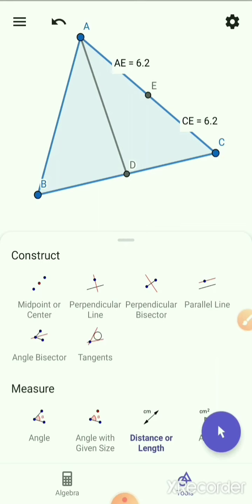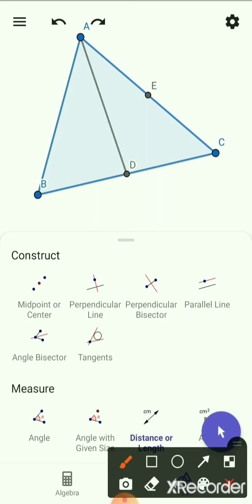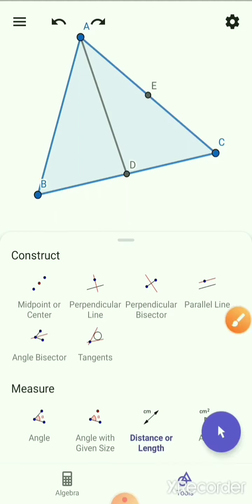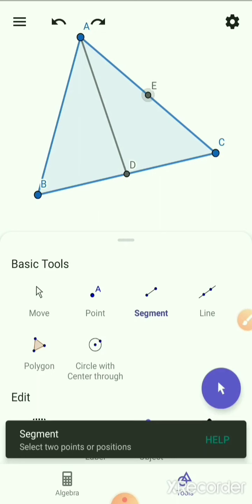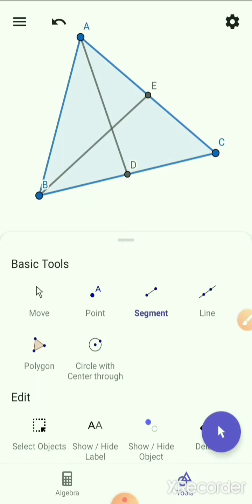So we can say E is the midpoint of AC. If this midpoint is joined with the opposite vertex, which is B, we get the segment BE. So we can say BE is the median of AC.